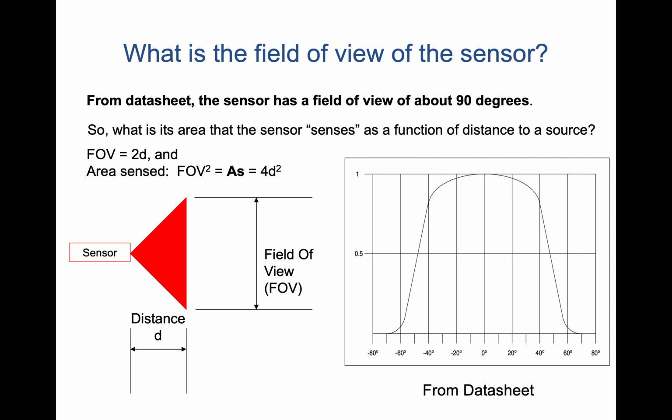The field of view we're going to denote as AS for the area sensed. Now, the area sensed is probably circular, not square, but this is a triviality and probably not important to a model of this level of fidelity. And this will make the math much easier.